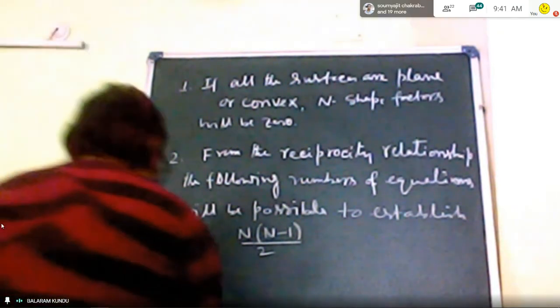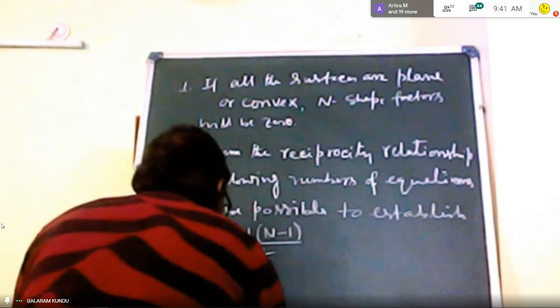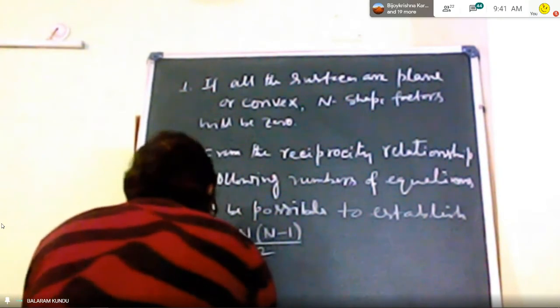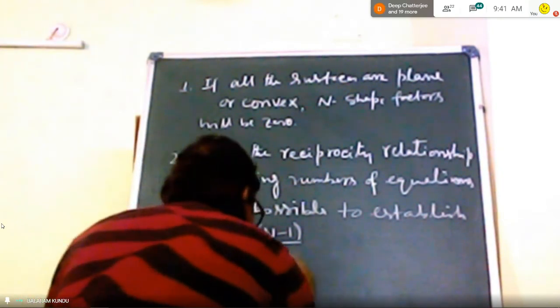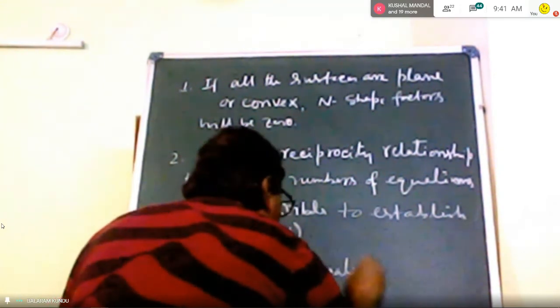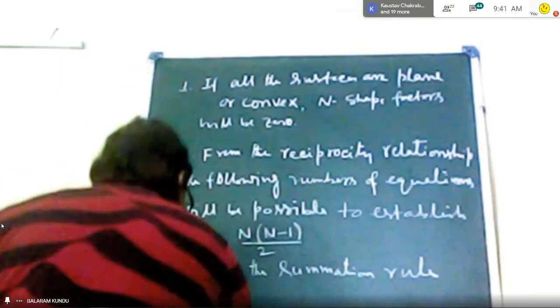So number 3, summation rule. From the summation rule, n number of shape factors will be known here.